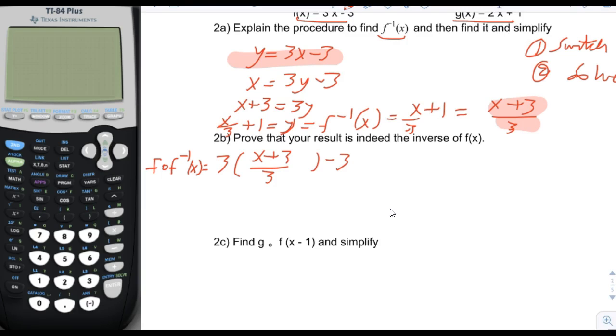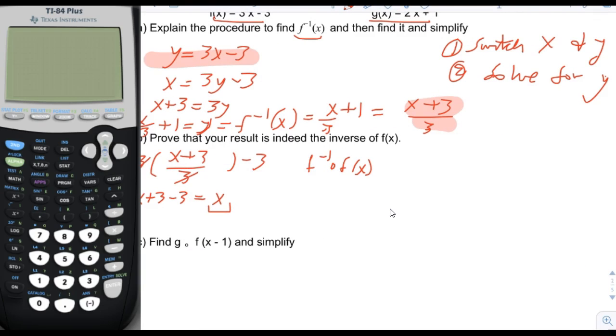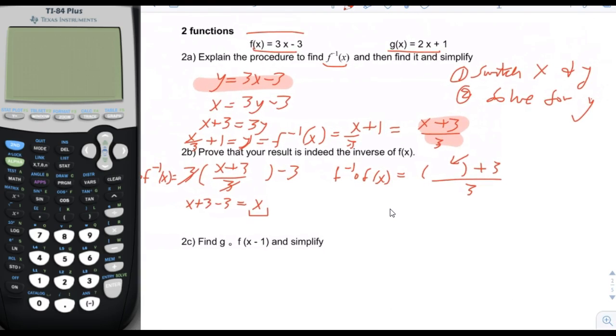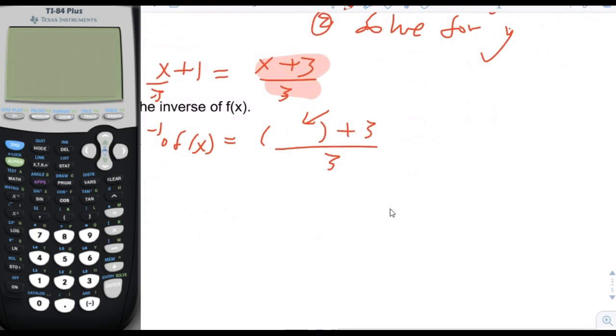In this case, we can see that the 3's cancel out, and you're left with x plus 3, and then we subtract 3, and we just end up with x again, so it worked in that direction. Now we're going to do the opposite direction. On this one, we're going to put the inverse function on the outside, so it's going to be x plus 3 divided by 3, and inside here, we're going to put the original function, which is 3x minus 3.